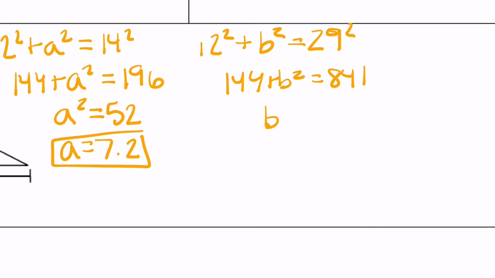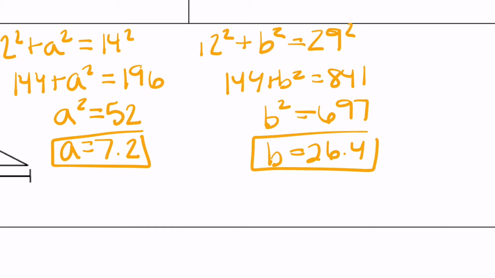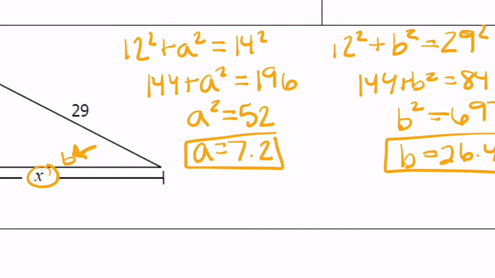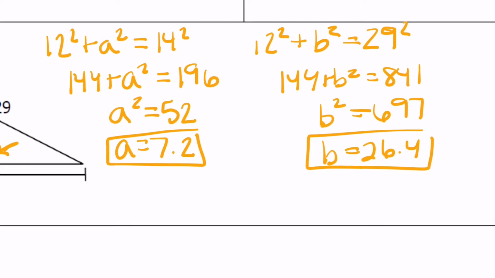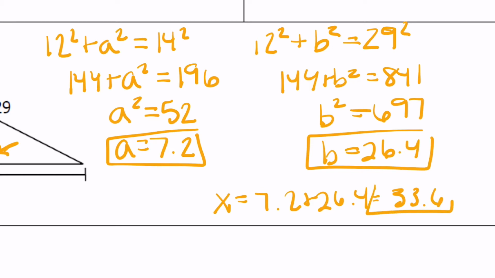So then b squared equals 697, leaving b equal to 26.4. Now, just to find x, all I do is combine those together. X equals 7.2 plus 26.4, which gives me 33.6.